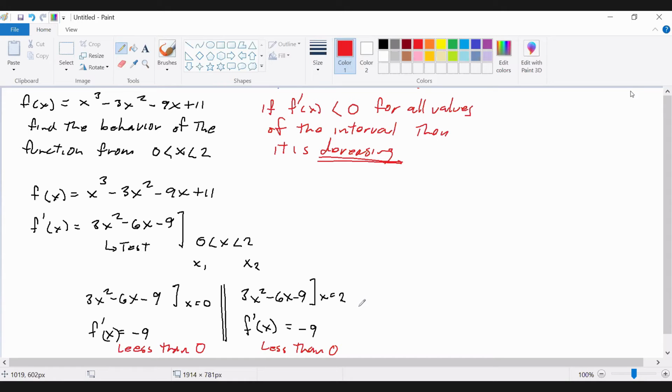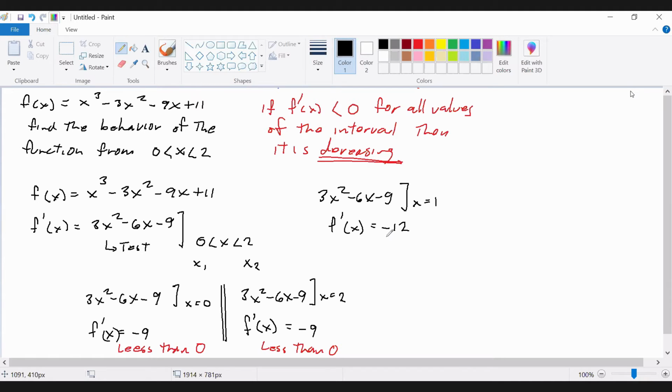Okay, we can test with 1, because 1 is found here, right? I'm just curious. If we have 3x squared minus 6x minus 9 and x is equal to 1, what will be the value of f prime? Negative 12.